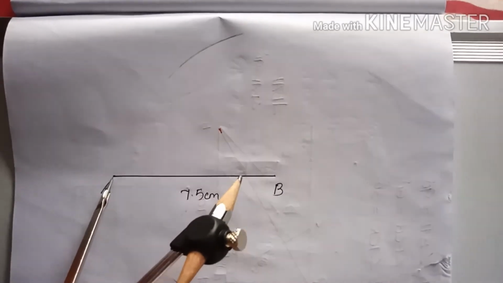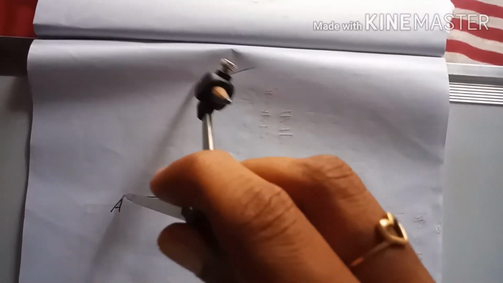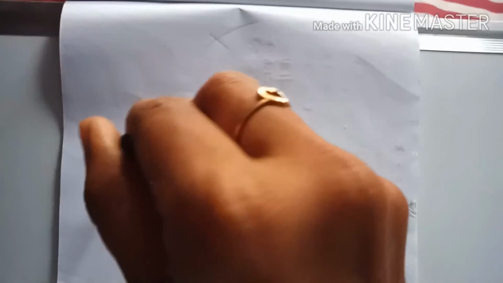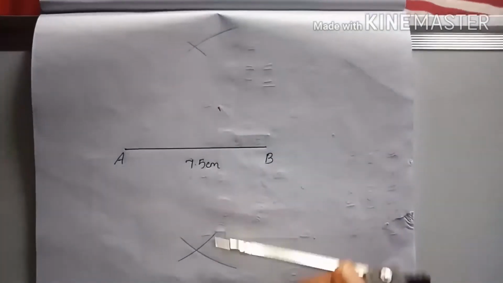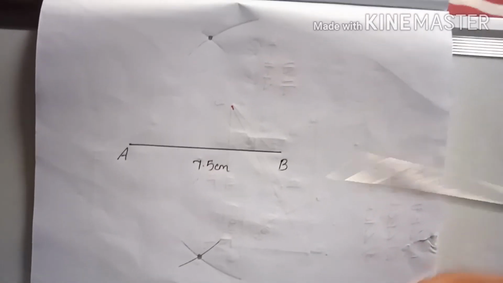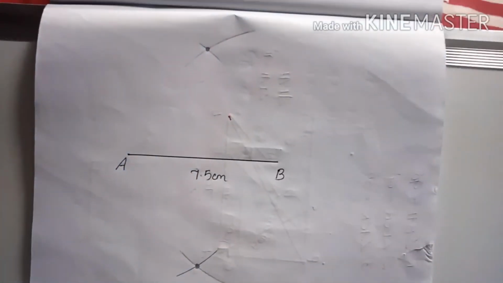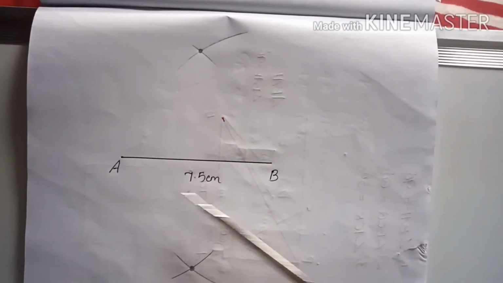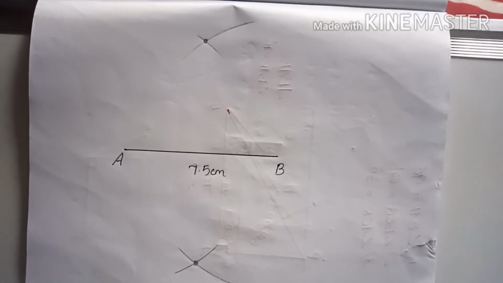Now do the same procedure from the point A also. Keep the pinpoint at A and draw an arc in the upper side and an arc in the lower side. Now we got 2 points in these two sides. Mark those points. Then join these 2 points. That will be the perpendicular bisector of the 7.5 centimeter line.